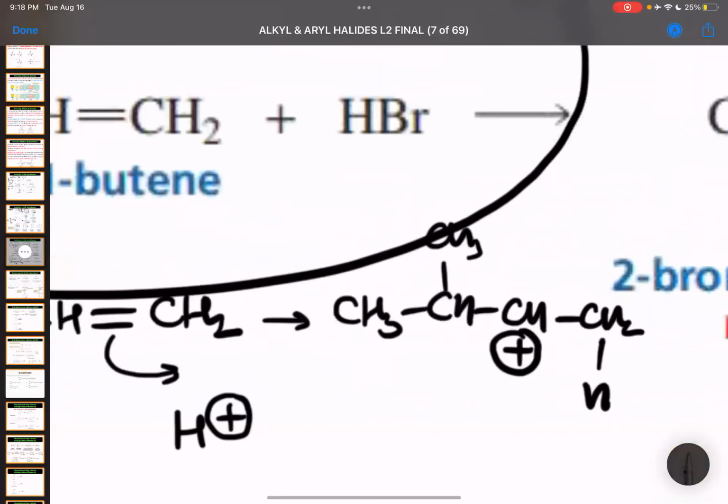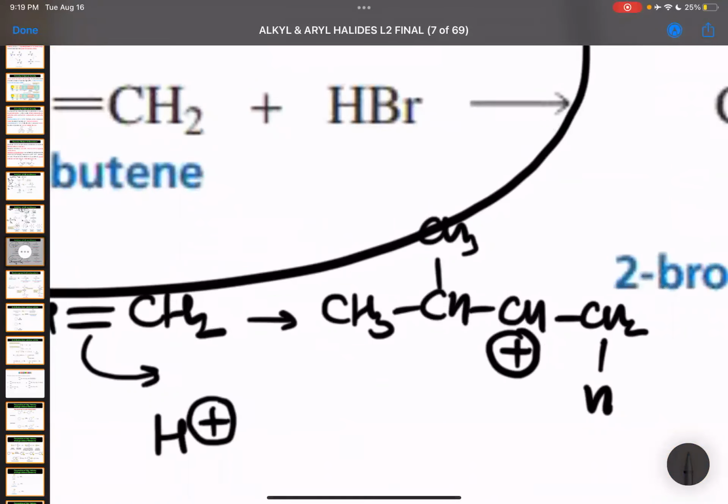So let's see, will it happen in this case? This is a secondary carbocation, and if somehow the carbocation can come on this carbon, this will become tertiary. So do we want the carbocation to get shifted to the neighboring carbon atom?